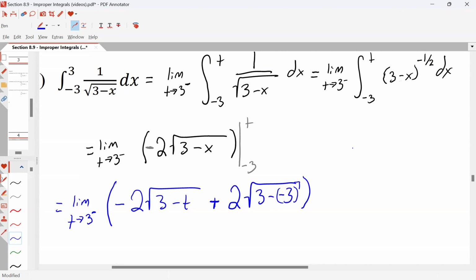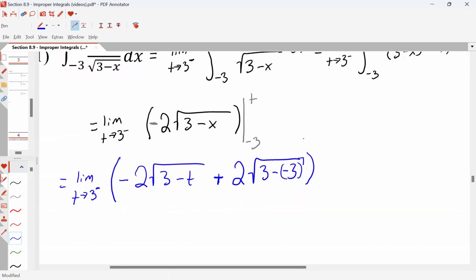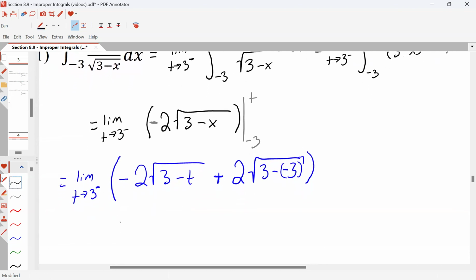This 2 square root 3 minus t looks like, just in general, a square root function that has been flipped.